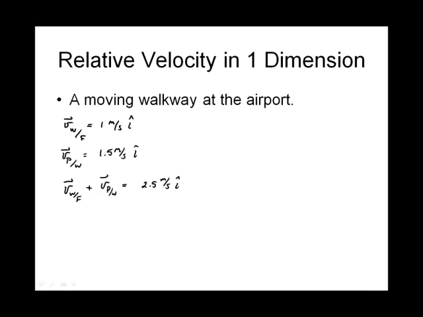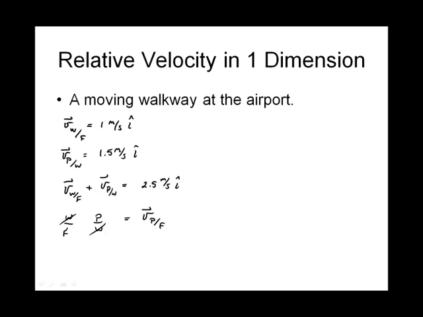So you simply add the speed of the person on the walkway plus the speed of the walkway itself. Notice the subscripts. Walkway with respect to floor, person with respect to walkway. The walkways cancel, and this would be the velocity of the person with respect to the floor.